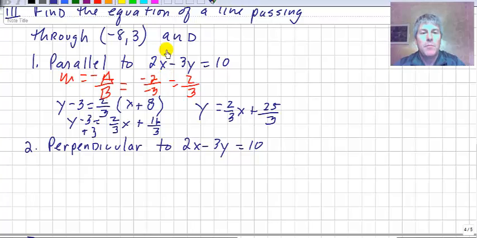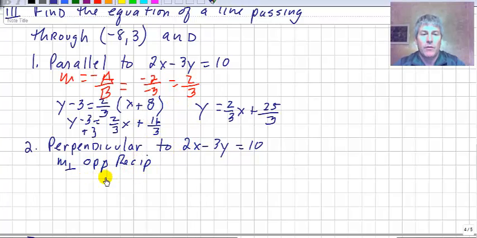Similar kind of problem, but now we want a line through (-8, 3) and perpendicular to 2x minus 3y equals 10. If we want it perpendicular, we need the opposite reciprocal slope. Our slope here, it's the same line, so our slope is of course 2/3.